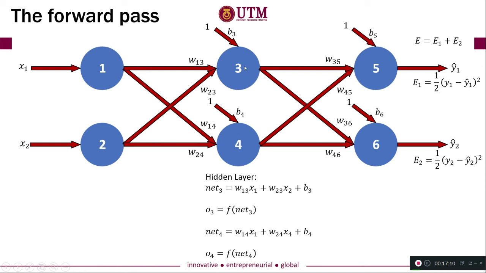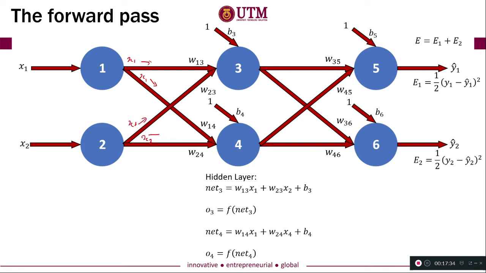For node 3, or neuron 3, net 3, you just define that net 3 is equal to W13 multiplied with your X1. Just remember that this one is also X1, going into that direction and that direction. This is your X2 going into that direction.